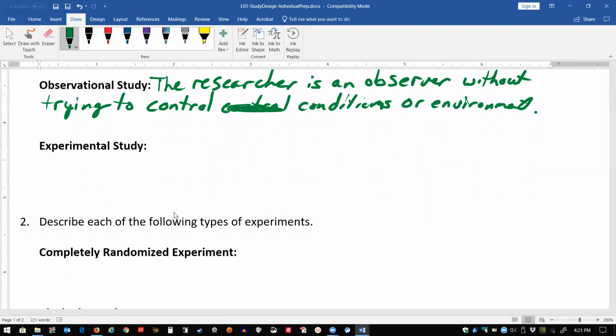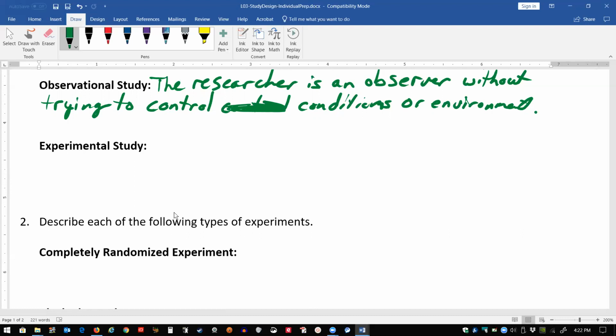The researcher does control conditions and environment, which can be necessary if you want to eliminate or minimize the chance of confounding variables, of other things explaining the change in your response variable or whatever it is, other than what you are hoping will explain that change.